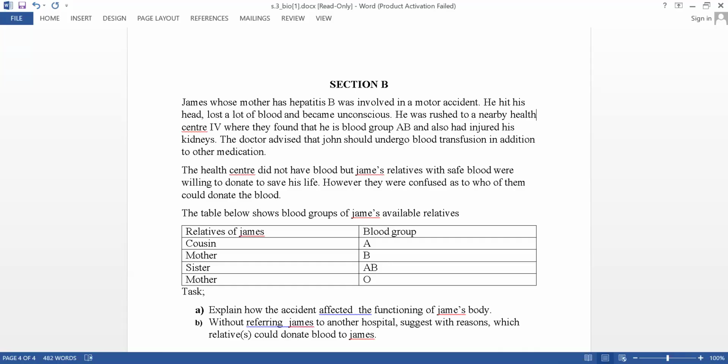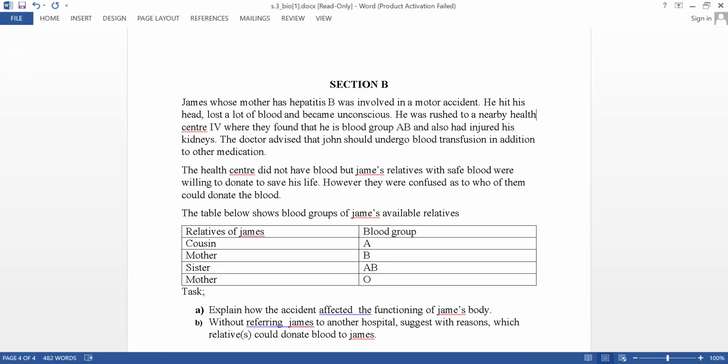The doctor advised that James should undergo blood transfusion in addition to other medication. The health center did not have blood, but James's relatives with safe blood were willing to donate to save his life. However, they were confused as to who of them could donate the blood. The table below shows blood groups of James's available relatives.